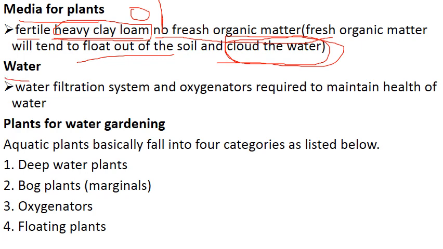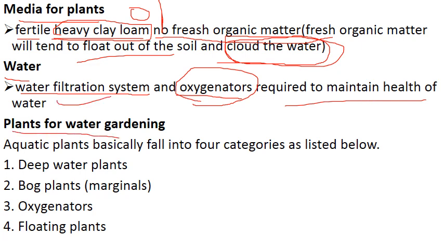A water filtration system and an oxygenator are required. I already told oxygenated water is required. That water should be full of oxygen, because fish require oxygen. So the water filtration system and oxygenator are required to maintain the health of water.